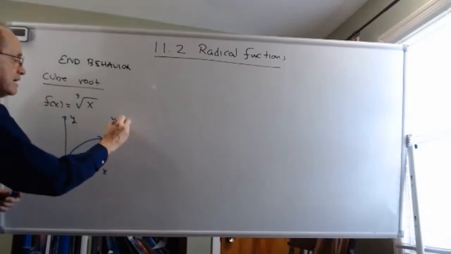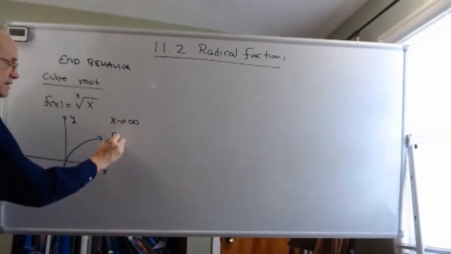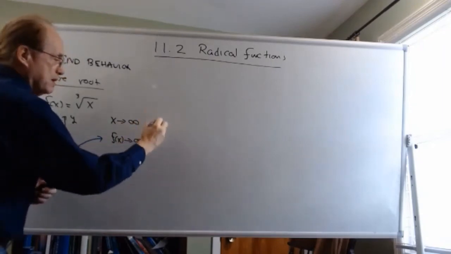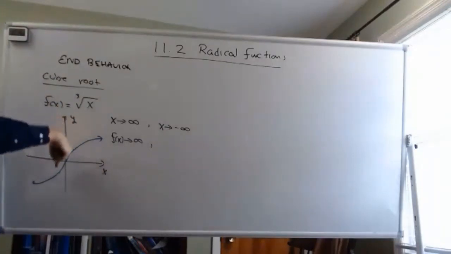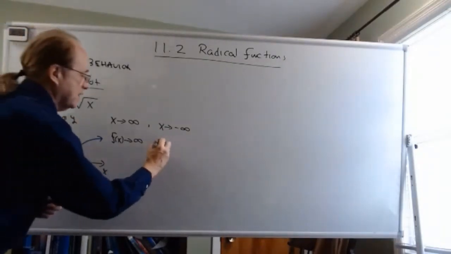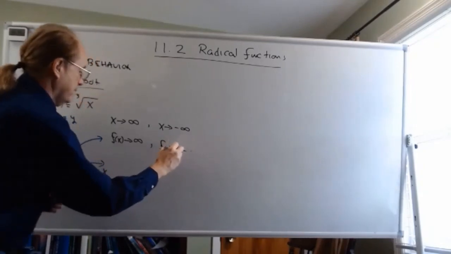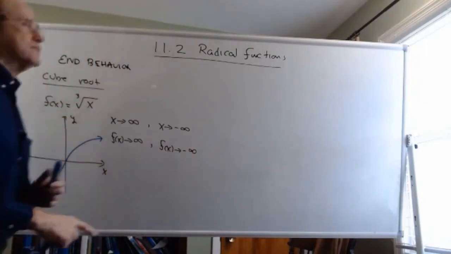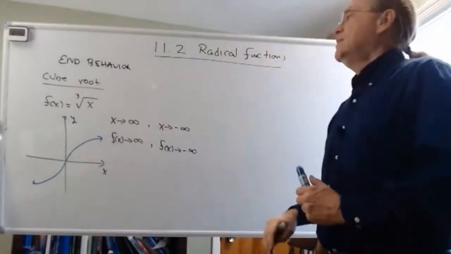I can look at what happens as x goes to plus infinity. My f of x, in this case, will go to positive infinity. But I can also consider the case, unlike the square root, of x going to negative infinity. Now I'm going backwards. f of x goes to negative infinity as well. So unlike the square root, I can have different signs, positive or negative, under the radical, and it works out okay.